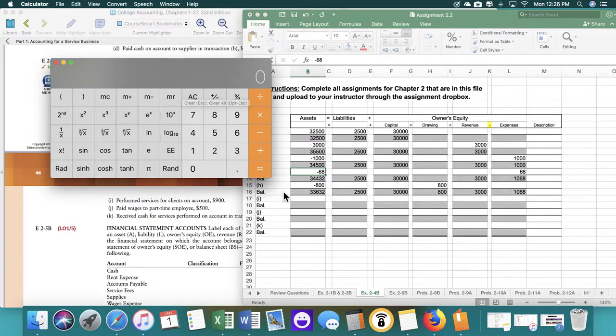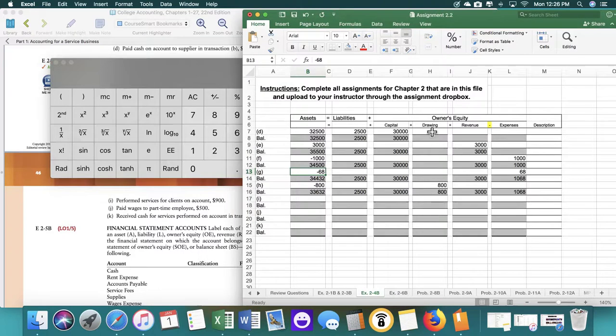Here we're going to subtract 800, so 34,432 minus 800, 33,632. We have 2,500 plus 30,000 plus 800 plus 3,000 minus 1,068.